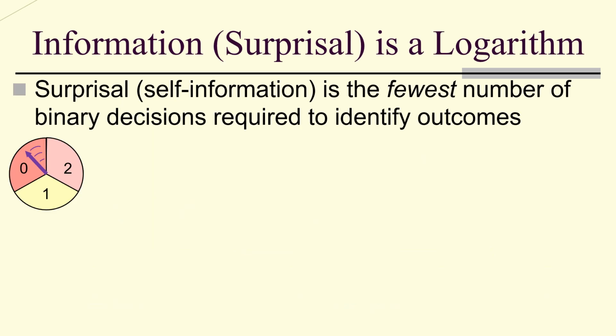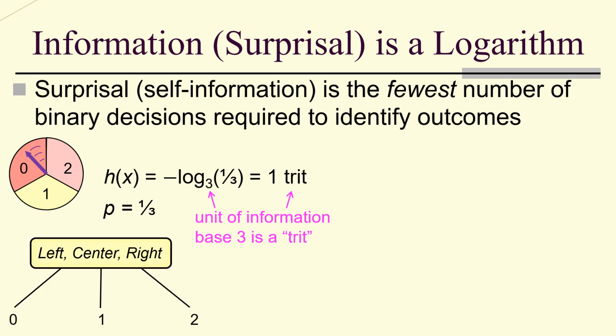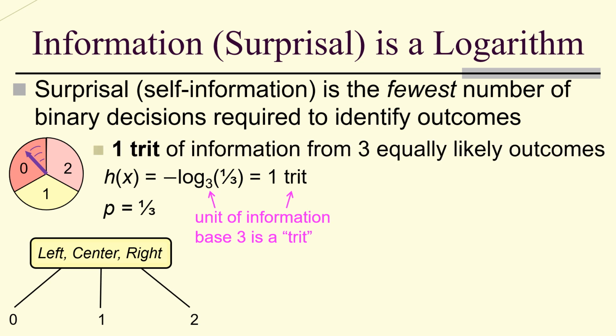So what if we had a spinner with 3 equally likely outcomes? Well, now our probability is 1/3, so our self-information is negative log base 3 of a third, which is 1 trit. So if we use base 3, we call it a trit. A trit of information. And the decision would be a 3-outcome decision, left, center, right. 1 trit of information from 3 equally likely outcomes.